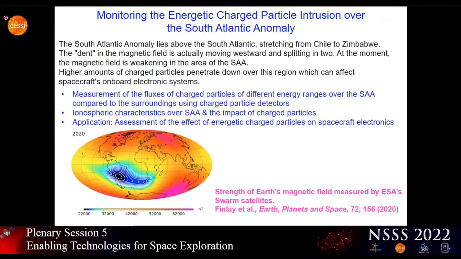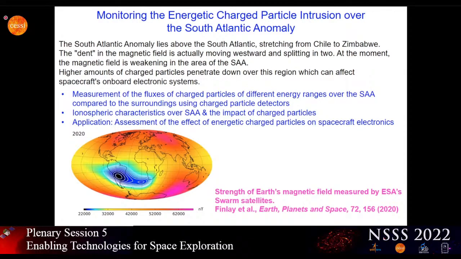In these regions the flux of energetic particles is higher, as expected. They are going to have several effects on the electronics itself. The payload electronics can be affected, because you have single event upset or latch up. Such things are more probable over such regions.